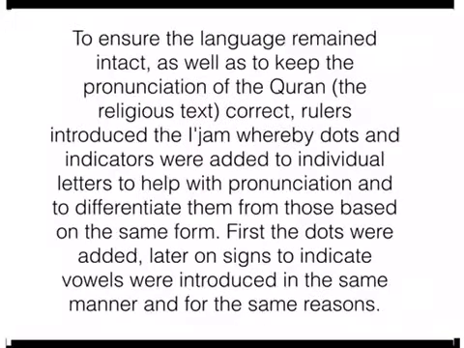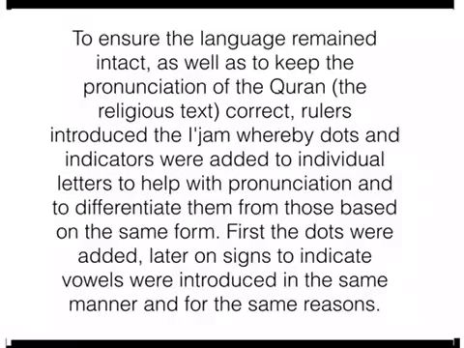To ensure the language remained intact, as well as to keep the pronunciation of the Quran correct, rulers introduced the ijam, whereby dots and indicators were added to individual letters to help with pronunciation and to differentiate them from those based on the same form. First, the dots were added.